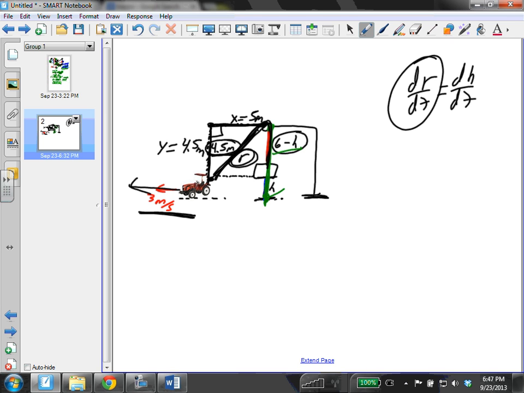The height from the top of the pulley to where the rope is attached to the back of the tractor is going to constantly stay at 4.5 meters, which gives us a clue that dy/dt is always going to be 0. But you notice that the tractor is going directly out.